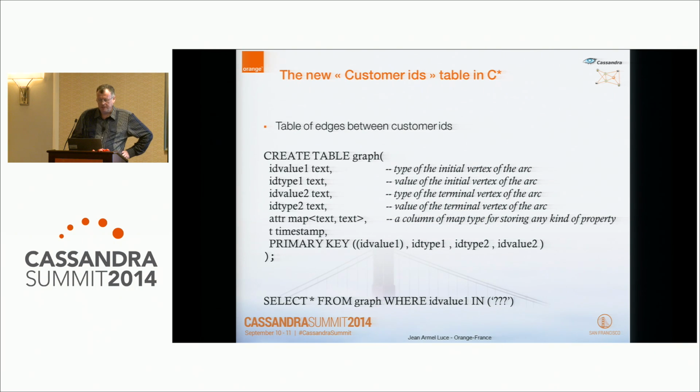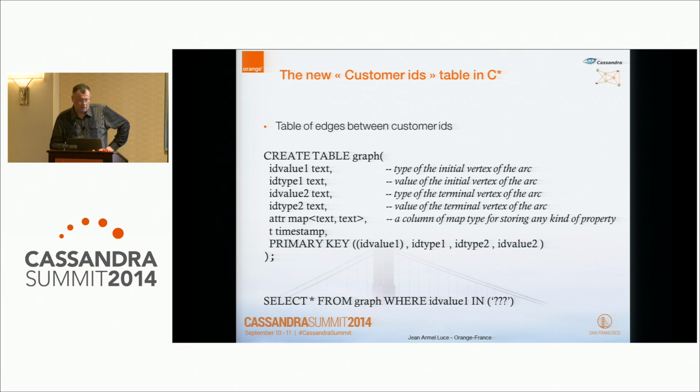We have created a table for storing the edges between the identifiers. For each identifier, we have two pieces of information: the type of the identifier, for example, an email address, a cell number, or an internet account, and the value of this identifier, the cell number or the email address.